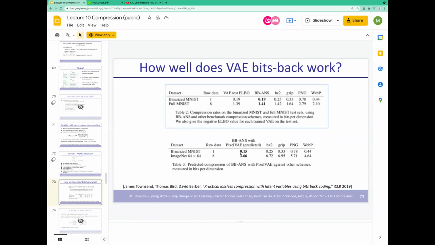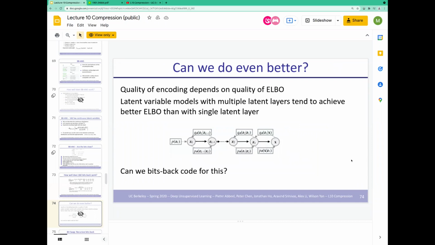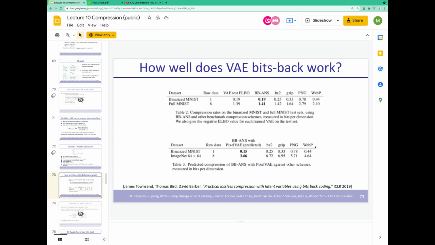This is also compared to using BB with pixel VAE against all the other image formats, and it's better than all of them. You can do better than that. I think these are all lossless images.